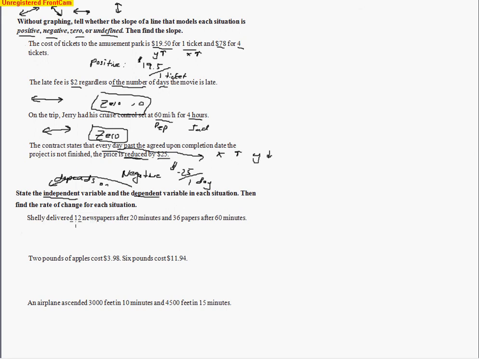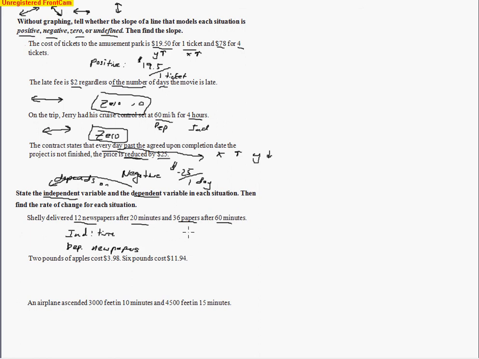So Shelley delivers 12 newspapers after 20 minutes, 30 papers after 60 minutes. So you can see the newspapers are depending on minutes of time going. So the independent variable is going to end up being time in minutes, and the dependent variable is newspapers.